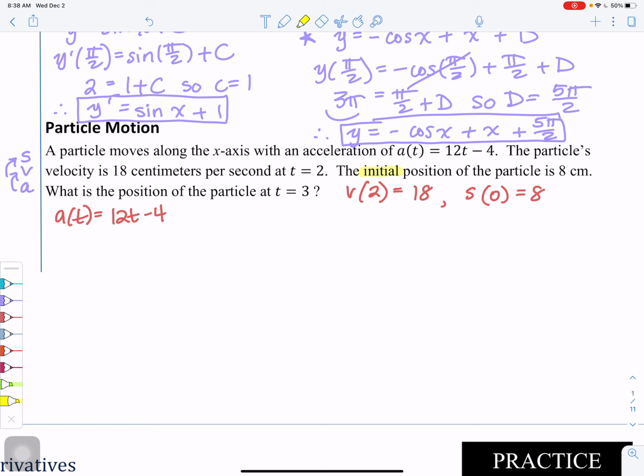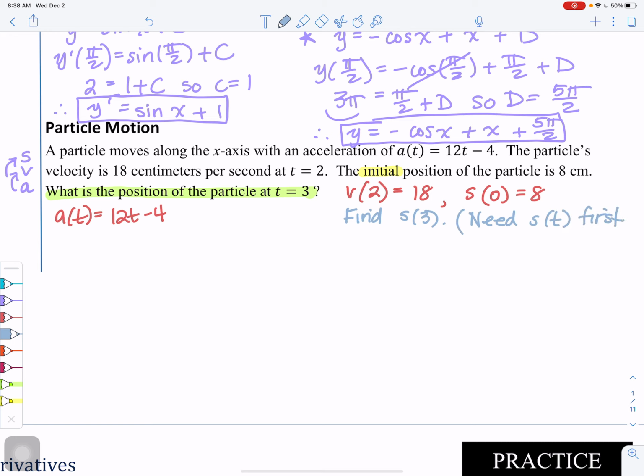They would like to know the position of the particle at time equal to 3. Well, they want us to find, let's go ahead and write that out actually, find S of 3. Now we need to find S of t first.